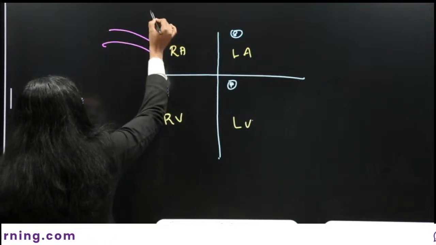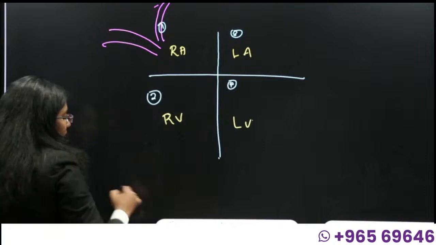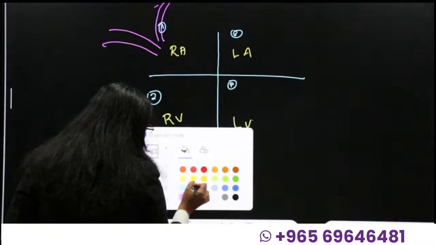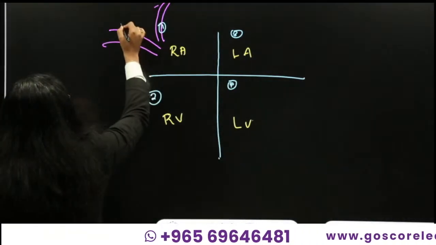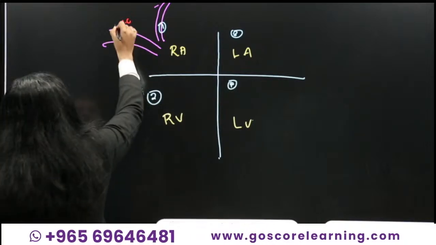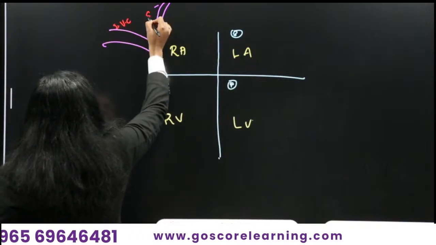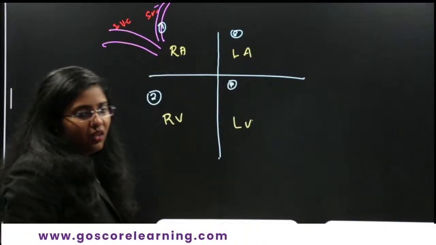Which vessels bring the blood into it? These are the vena cavas, the superior vena cava and the inferior vena cava.